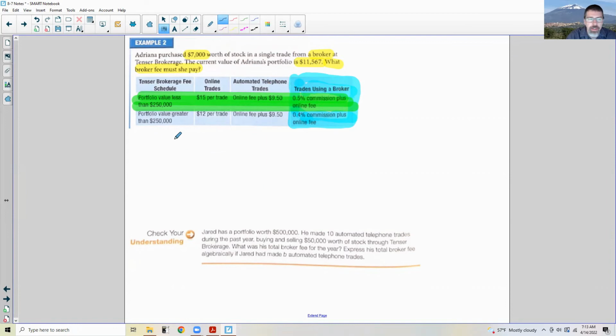So we take 0.5%, be careful with this. 0.5% is 0.005. That's 0.5%. Okay, times the purchase of $7,000, which is going to equal 35.